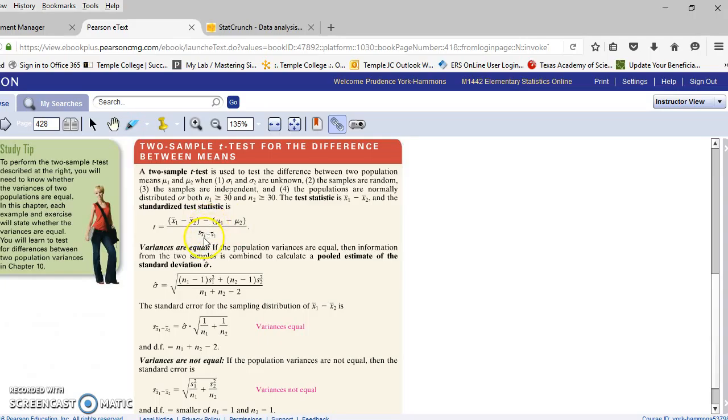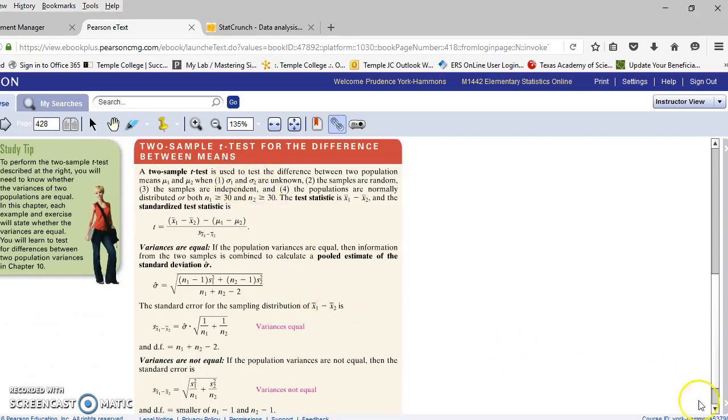You subtract those and you use the sample standard deviation as an approximation to the standard deviation for the population for each set.